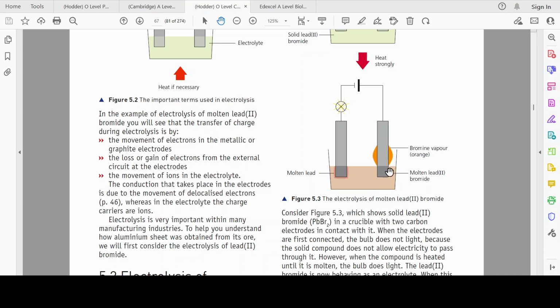That electron being lost by bromine is being taken up at the anode. So that is the gain of electrons at the electrode, to the external circuit. And so you have electricity flowing through the setup.